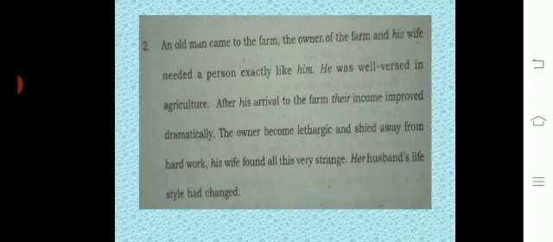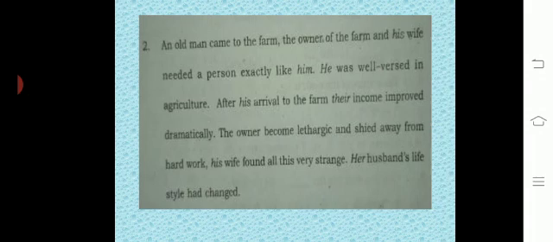After his arrival to the farm, their income improved dramatically. The owner became lethargic and shied away from hard work. His wife found all this very strange. Her husband's lifestyle had changed. This is the given extract.